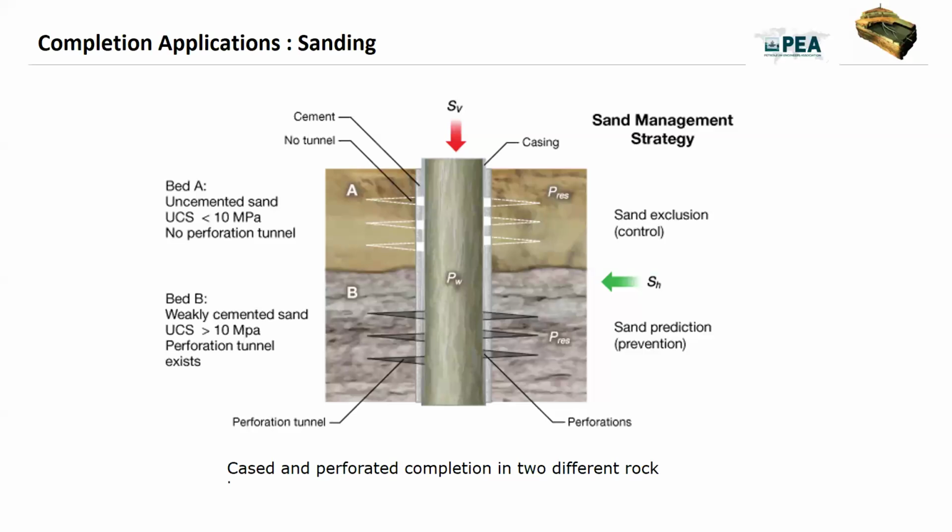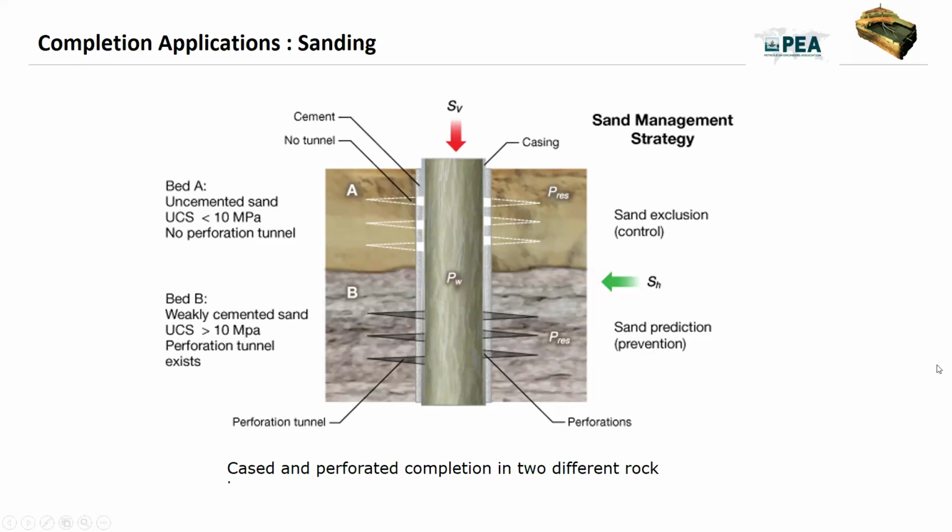Under in situ stress conditions it is not strong enough to support perforation, so it is not perforated. Bed B represents weakly cemented sandstone that is strong enough to support the tunnel, so here we can prevent the sand production. However, in bed A we cannot predict it, so it is not under control.